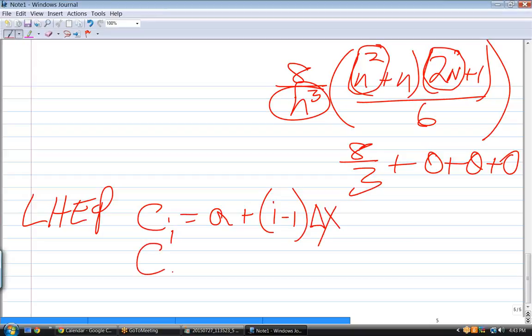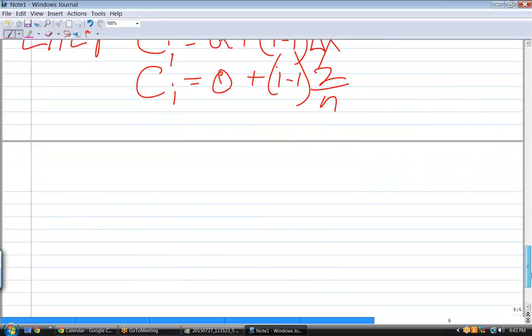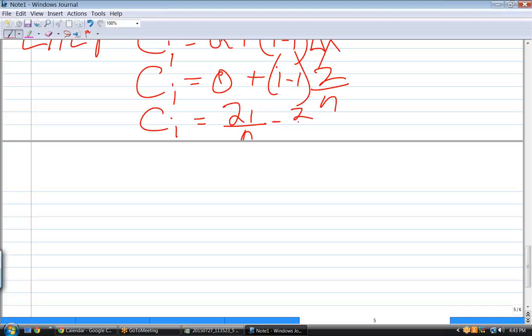So c sub I is equal to 0 plus I minus 1 times delta x, which is 2 over n. So c sub I would equal 2I over n minus 2 over n.